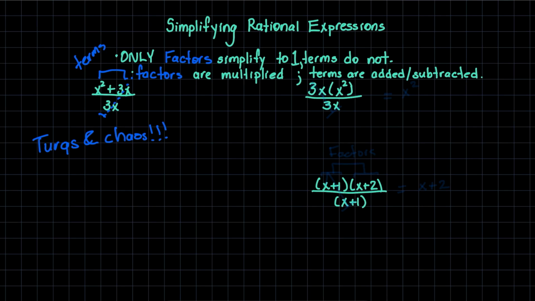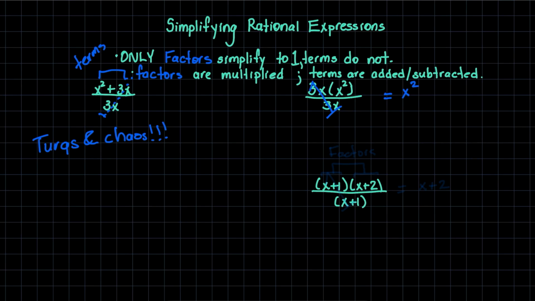On the right-hand side, we have 3x times x squared all over 3x. In between 3x and x squared is multiplication. When two things are next to each other, that's multiplication. So this 3x and that 3x does simplify to 1, and we're left with x squared.